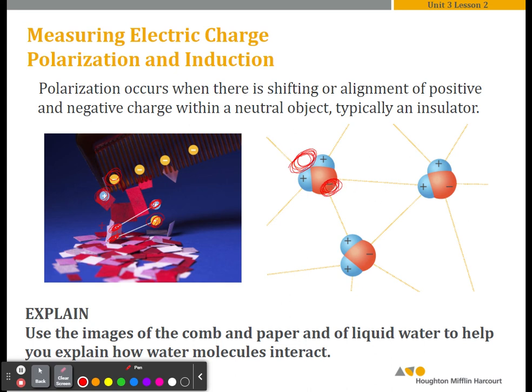So this negative end is attracted to this positive end of this water molecule and this positive end. So the hydrogen atoms attract oxygen atoms, but repel other hydrogen atoms. So water molecules align themselves in this way. This is similar to the way the comb interacts with the polarized bits of paper.